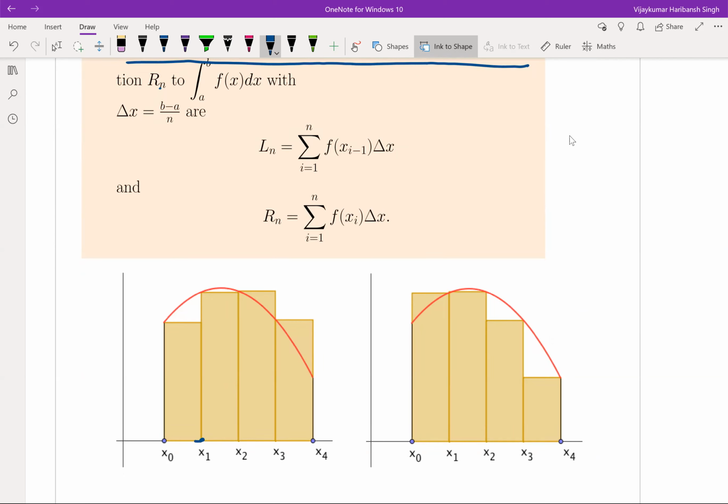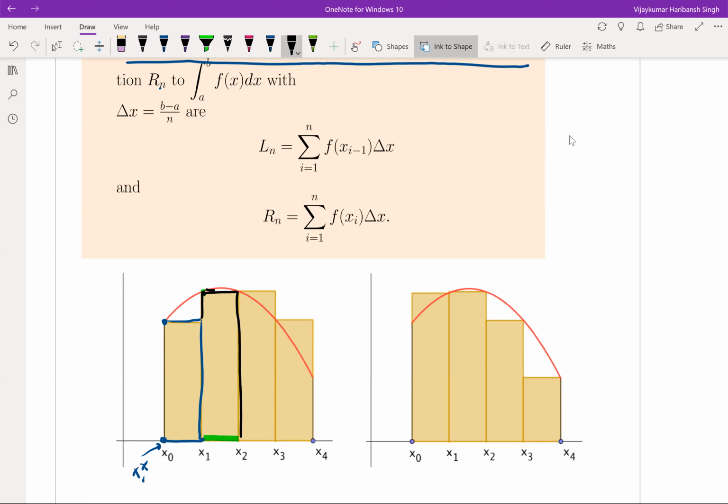In this interval, for the height, I'm choosing my x1 star as this point. So I find the function value here, and then draw a rectangle like that. Then for this interval, I'm choosing the left-hand point, this guy here, and drawing the rectangle.